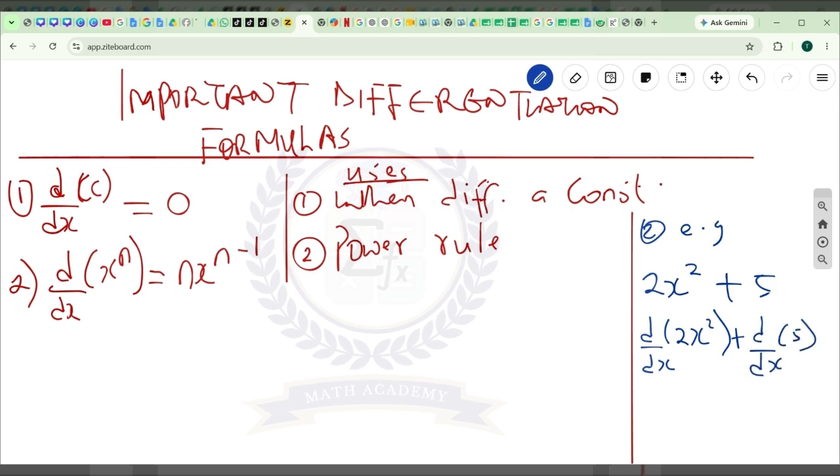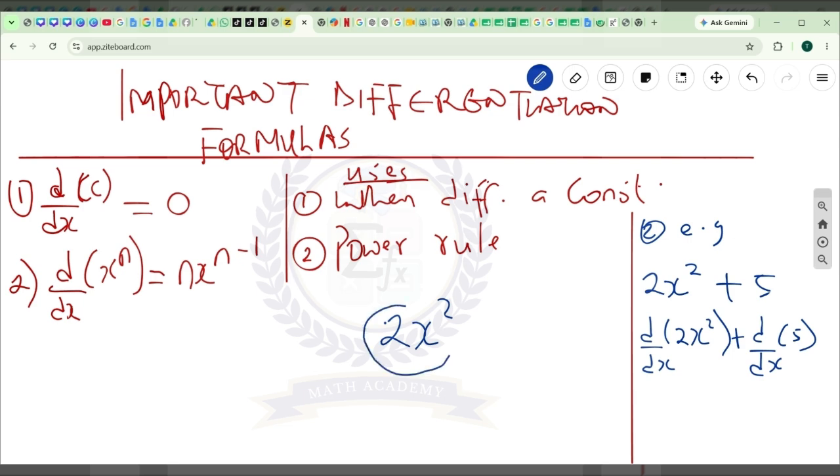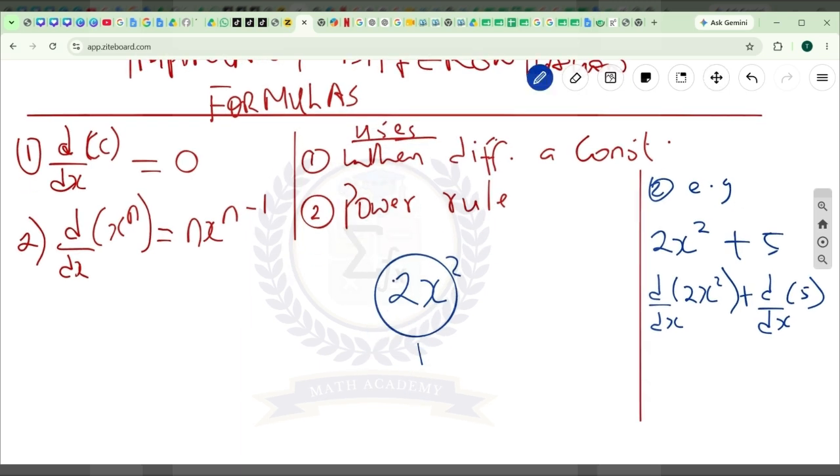Using the power rule, 2x squared is like x to the power of n, so this is our x, and the whole of this power is our n.